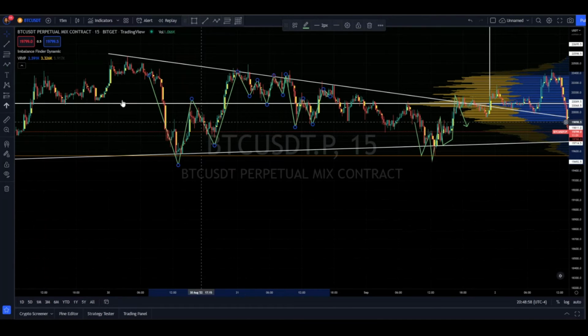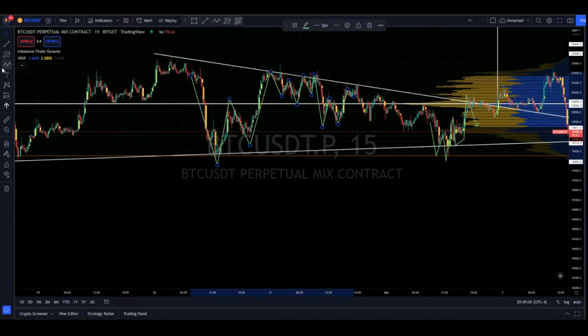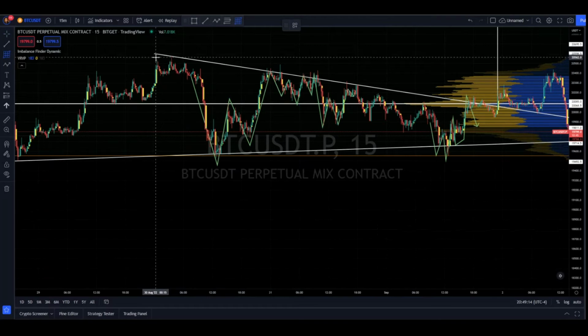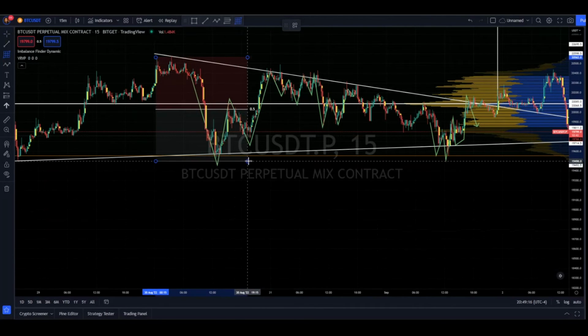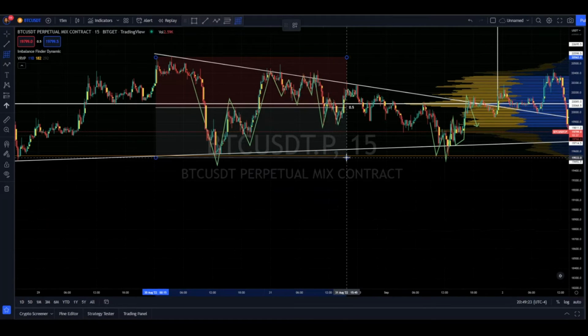Because for me, when I see a pattern like this and it's within a wedge like this, I know that my area of trading is pretty much, let me grab the Gann box. So what I would do in this case is from my highest to my lowest area. So this would be my gameplay area right here with the Gann box.